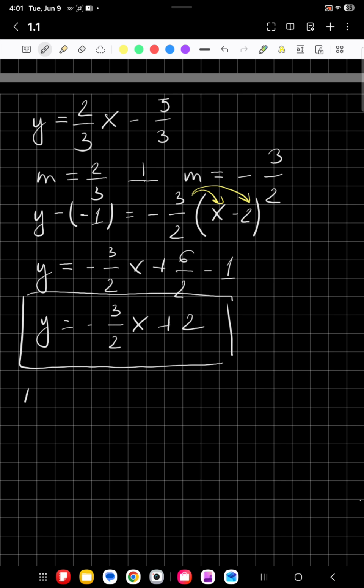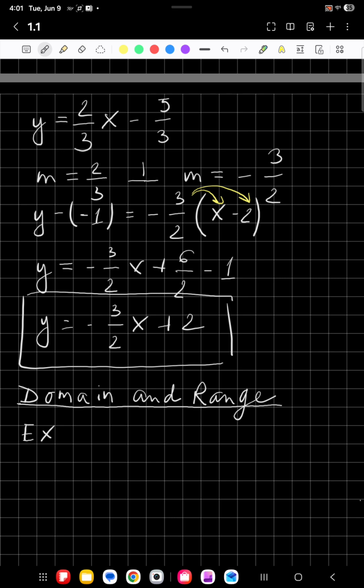So let me write it here. Domain and range. What is domain and range? So domain is basically all the possible x's that we can use in a function. So let's look at maybe an example.